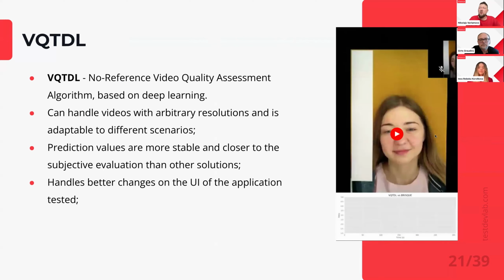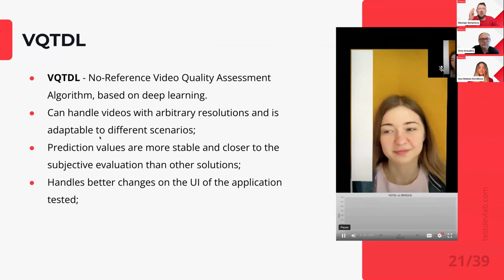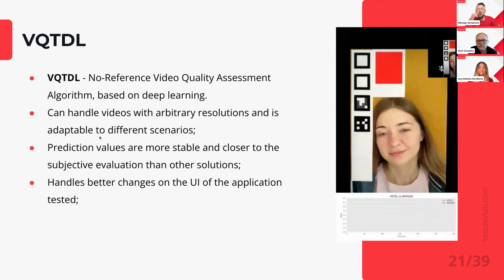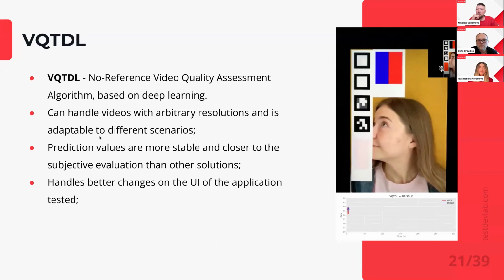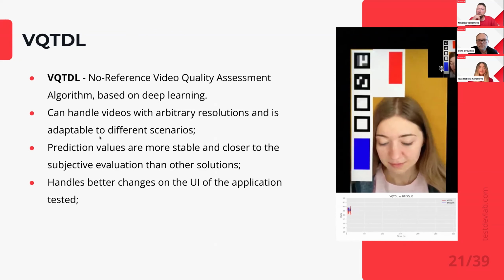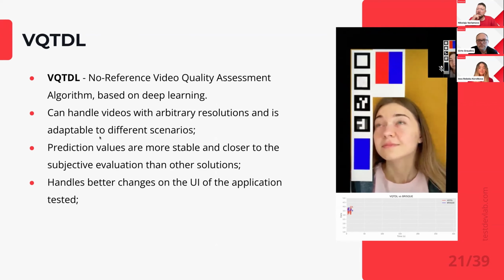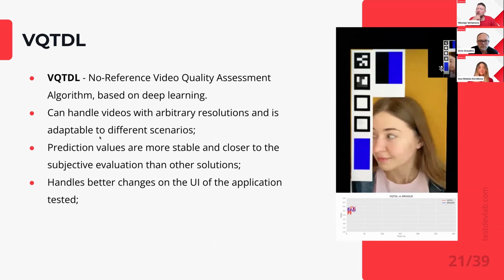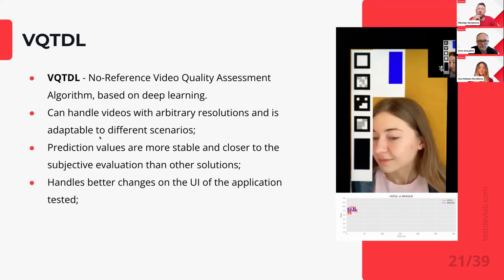And as for VQTDL, let me play back the video as well. It's based on deep learning, and why we built it is because on the market, we noticed that the no-reference algorithms that were available, including BRISQUE, as you see in the graph, weren't the best, and they actually needed a lot of double-checking on the data, and we noticed we spent a lot of time there.